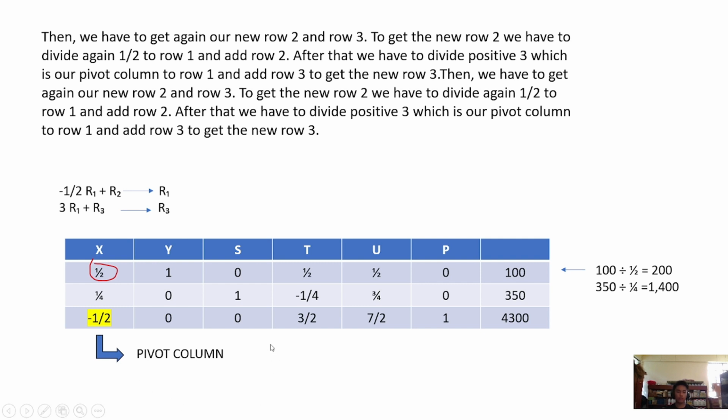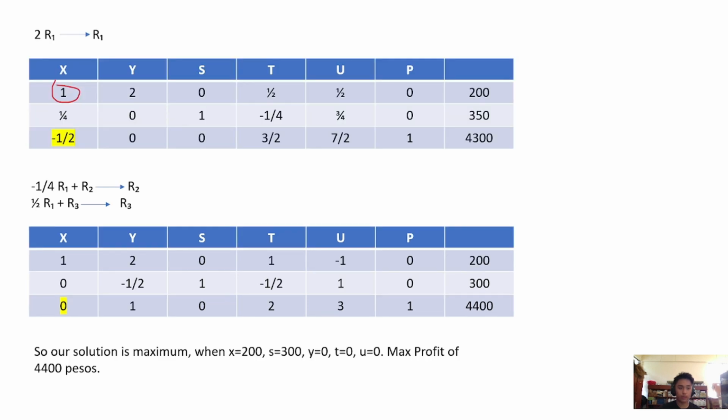So our solution is maximum when x is equal to 100, s is equal to 300, y is equal to 0, and t is equal to 0, with a max profit of 14,400 pesos. Okay, this is the end of word problem number 2, and let's proceed to the next problem, number 3.